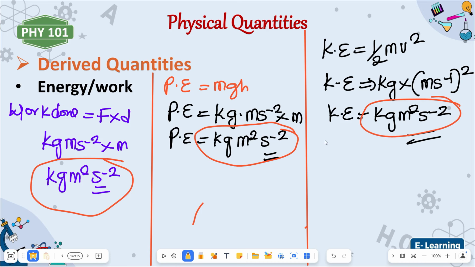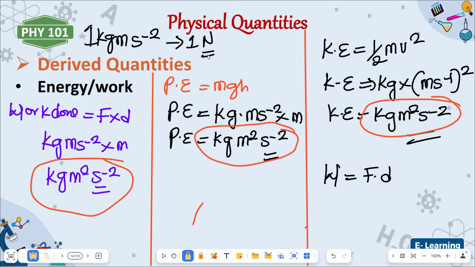Now, there's another way of us looking at this also. We said work done is force times distance. Are you getting it? Now, 1 kilogram meter per second square is equals to 1 Newton. Have you heard of Newton before?